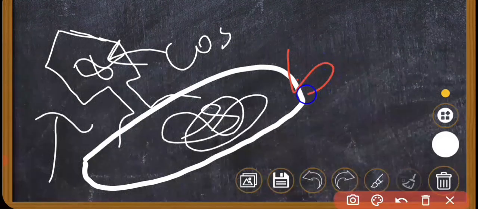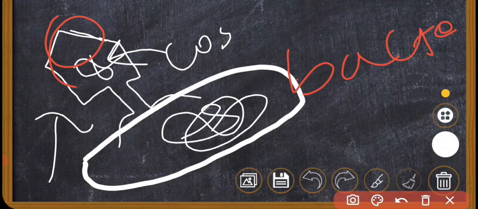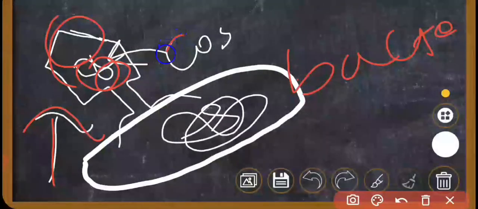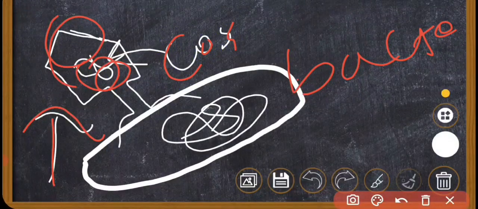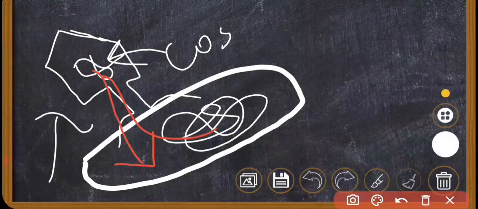This is a bacteria. This bacteria is infected by this virus. This is called lambda virus, and it has one DNA which is called the cos site. What happens? This gene will enter this bacteria and attach with its genes.